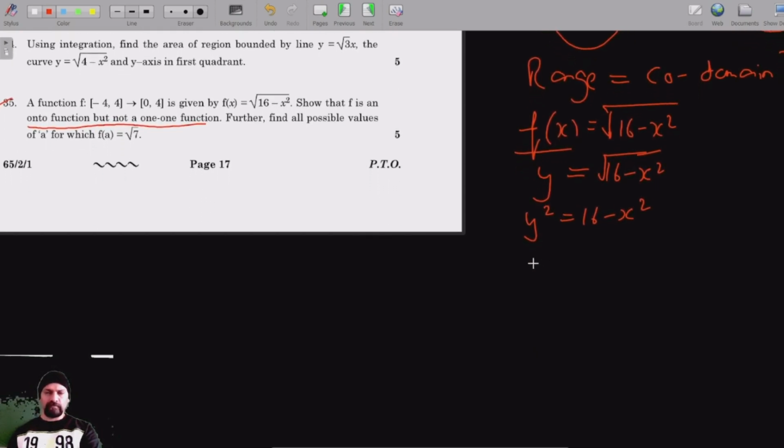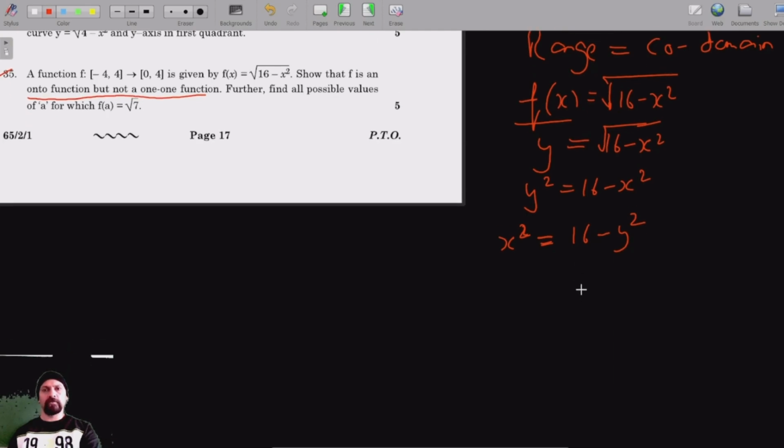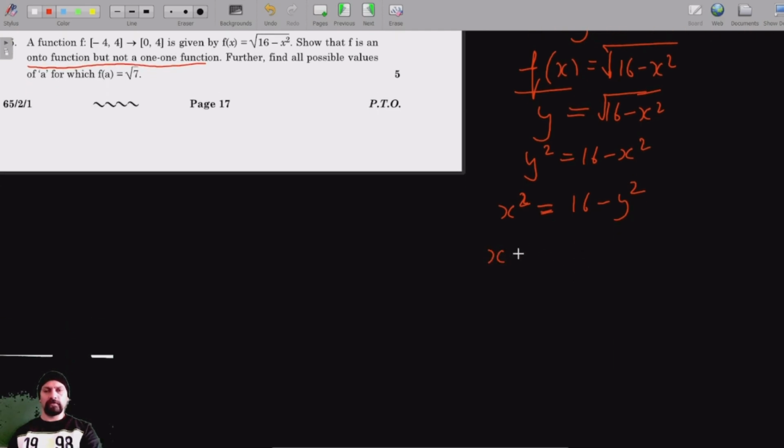So this gives us x squared is equal to 16 minus y squared, which gives x is equal to plus minus under root 16 minus y squared.